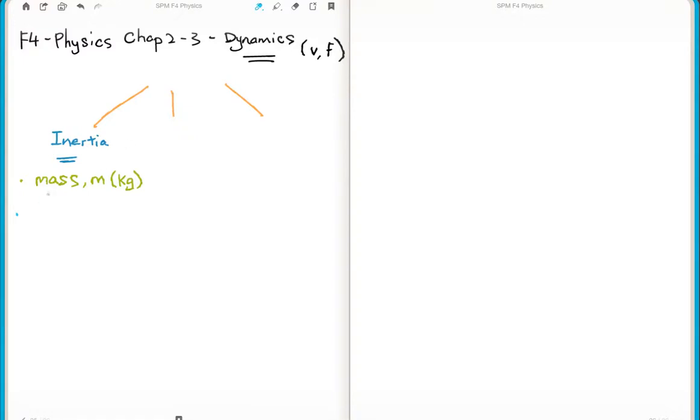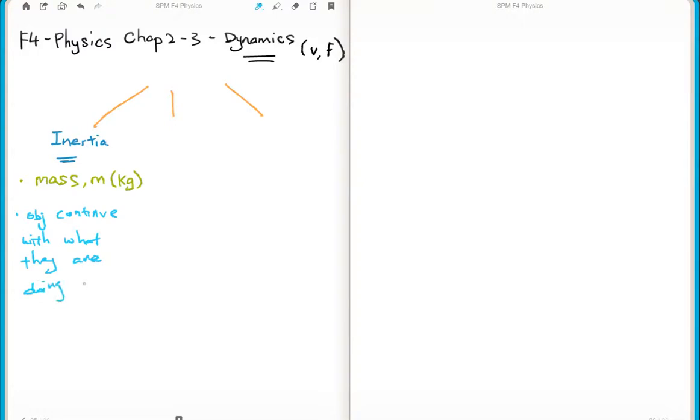So, what is inertia? This phenomenon is all about the object. What happens to this object? The object will continue with what it is doing. It's not human.